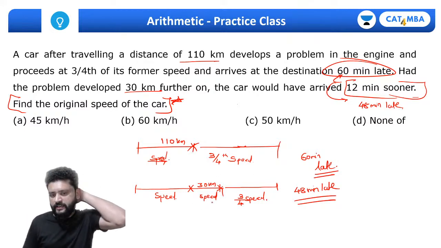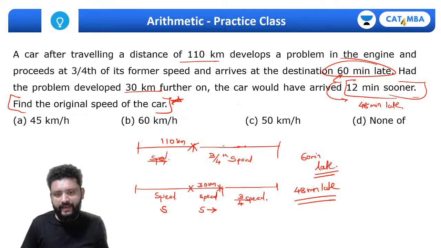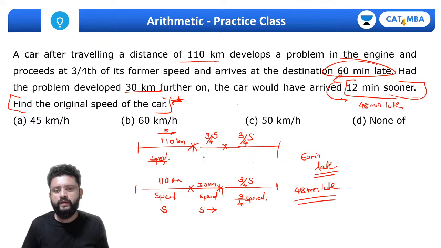The only difference is this distance of 30 kilometers is with the speed of s, which is the original speed, and here this 30 kilometers is at 3/4 s. Otherwise, 110 kilometers at speed s here also 110 kilometers at speed s, and here the remaining distance is traveled at 3/4 s speed, and this one is completely at 3/4 speed.